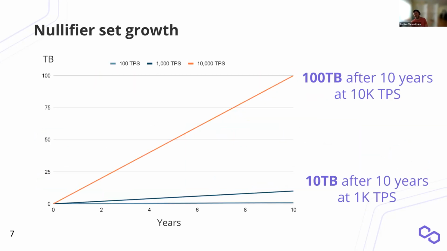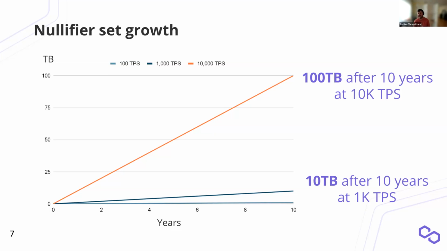If your network is running at maybe under 100 TPS, that's probably not too big of a deal. Nullifiers are usually 32 bytes, could be compressed further, or in some constructions could take slightly more, but they are not huge. They're fairly small. For the purposes of this graphic, I use 32 bytes.